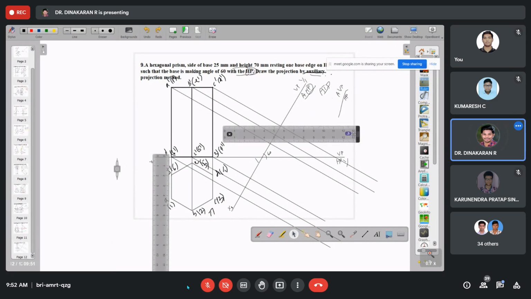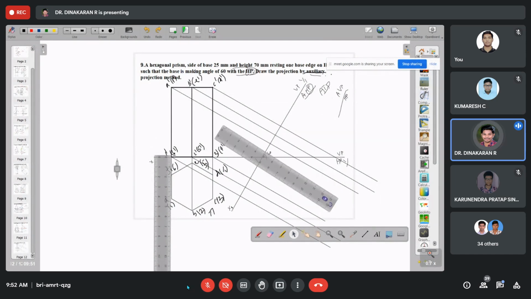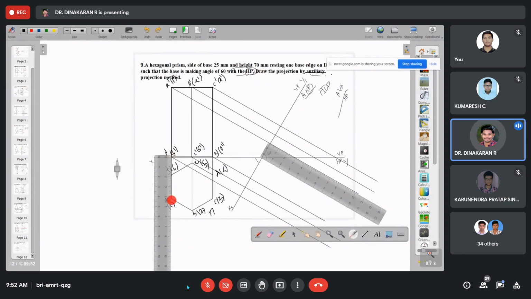Then use a scale, measure from the XY line to A. How much is there from the reference line to A? How much is there from this old reference line to this A point? 42 mm. 42 mm.